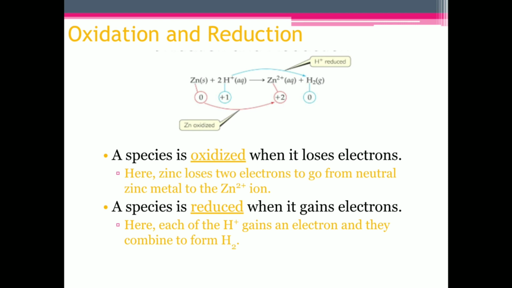When we refer to what species is oxidized or reduced, we'll want to make sure that we include the oxidation number or the charge on the reactant side. So notice that it's H+ that's undergoing reduction, not simply an H.